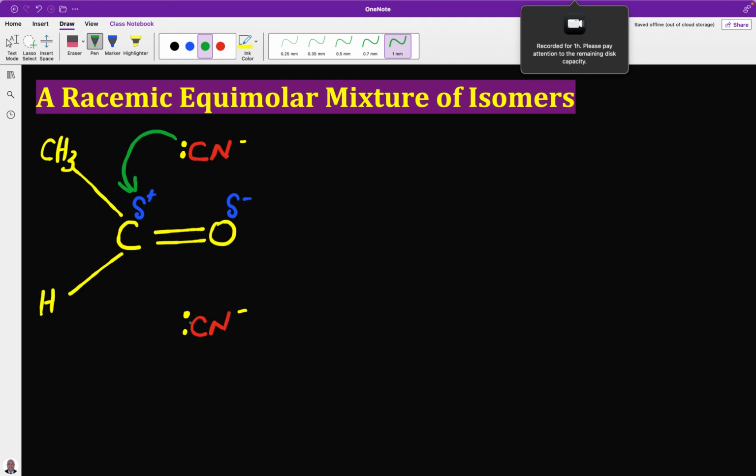It could attack from above, and it could attack from below. And if it attacks from above and below, this is going to be the product.